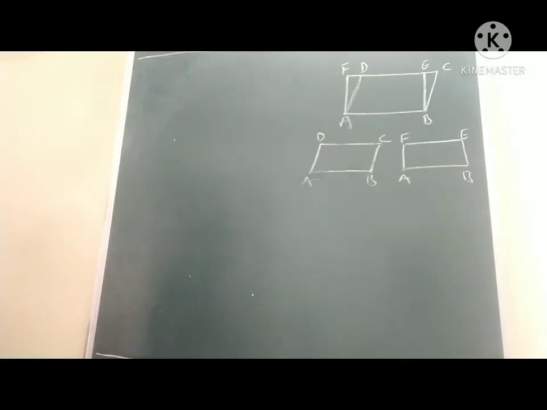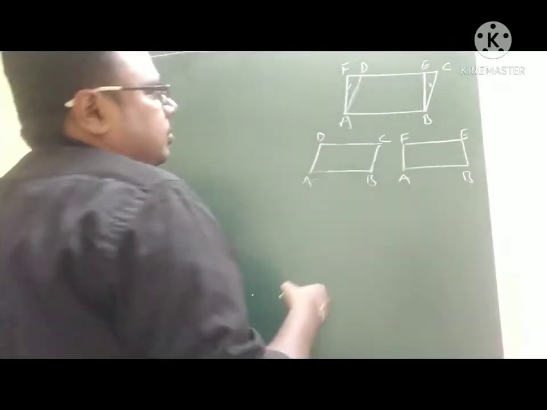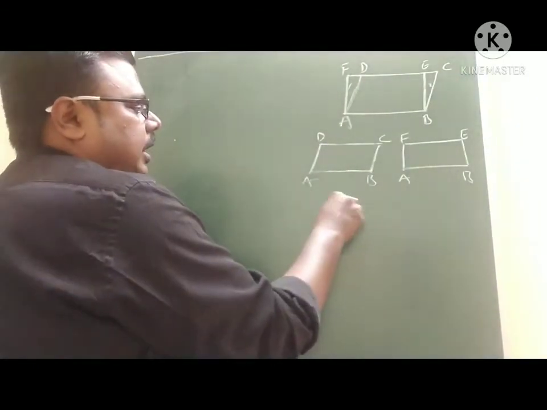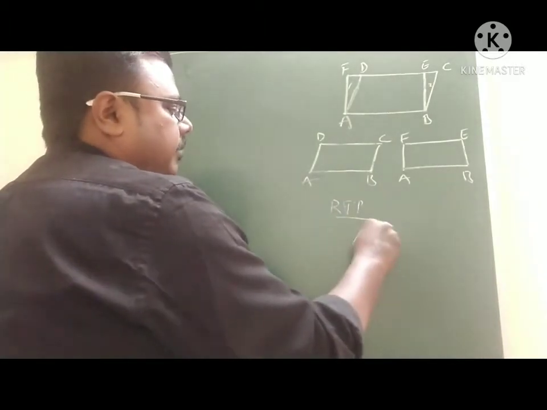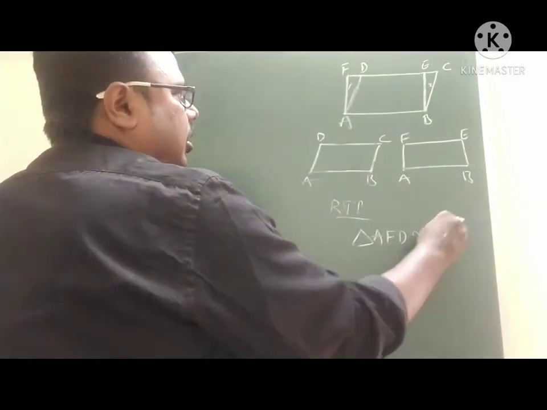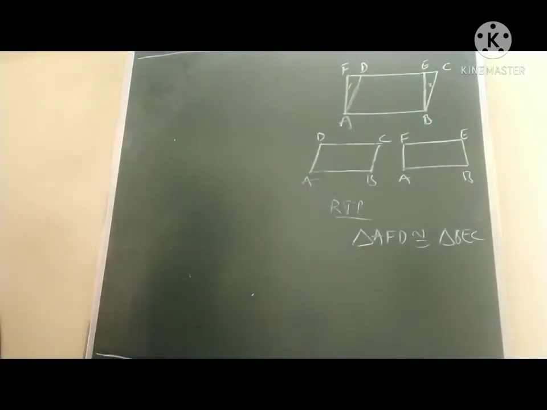We have to show that triangle AFD is congruent to triangle BEC. So we are required to prove here, RTP, that triangle AFD is congruent to triangle BEC.